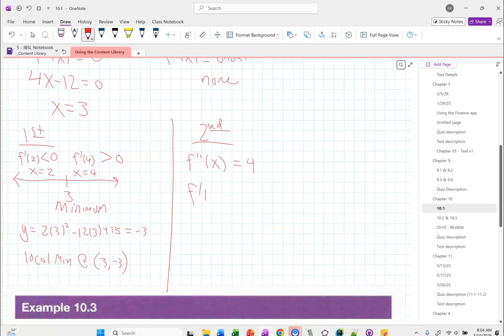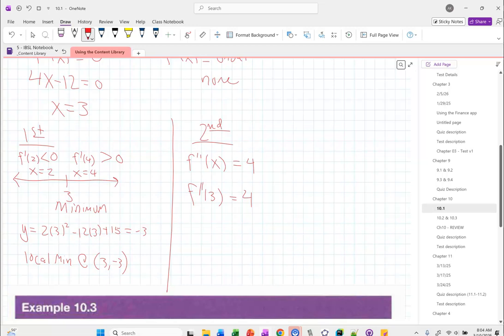I then take my critical values and plug them in to the second derivative. What's the second derivative of 3 have to equal? Just 4, right? The second derivative is a constant function. Doesn't matter the x you plug in, 4 is what comes out.